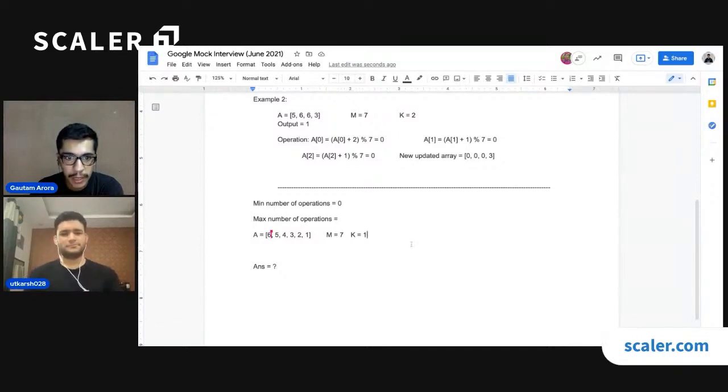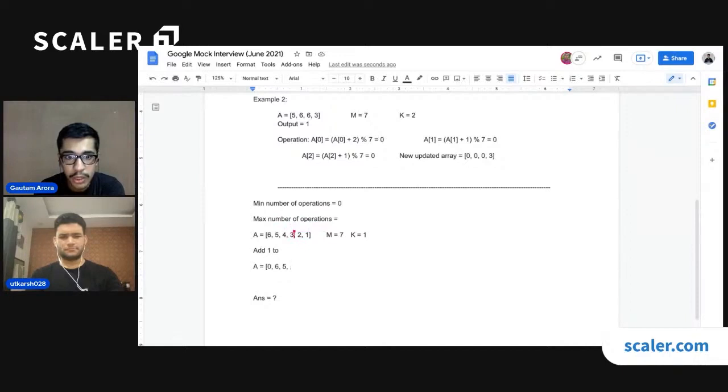So let's start with this array. In the first operation, what I can do is add 1 to 6, so 6 will become 0 because it's modulus m. And I can add 1 to 5, so it will become 6. And I can also add 1 to 4, so that it becomes 5.